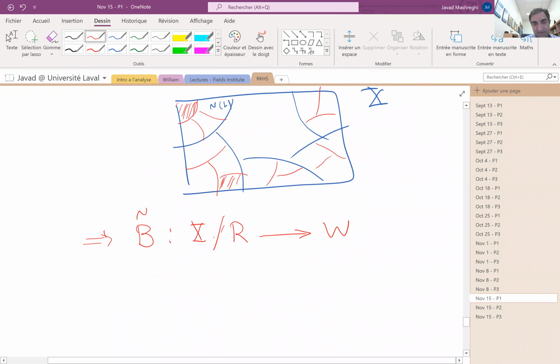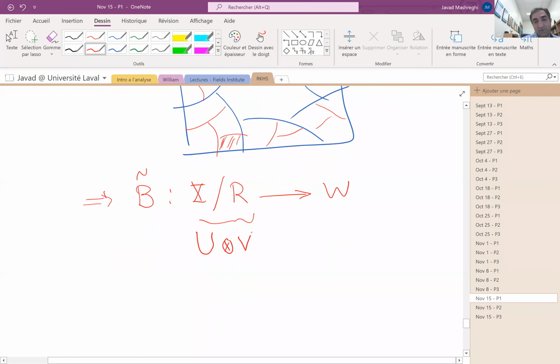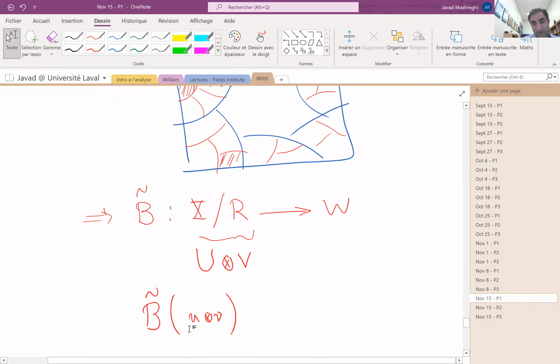And these are precisely elements of U tensor V. So with this method, you see that B tilde is well-defined from U tensor V toward W, and the value of B tilde at the point U tensor V by our definition is precisely L of this, which is B of U V.